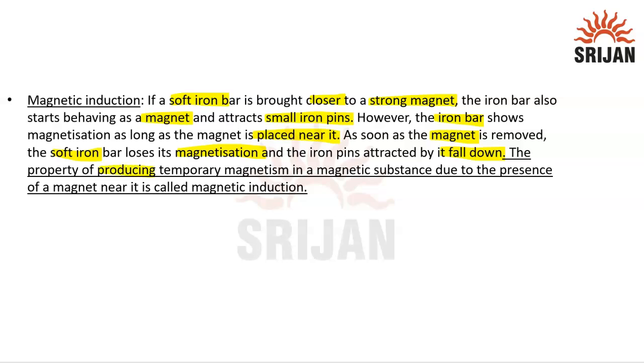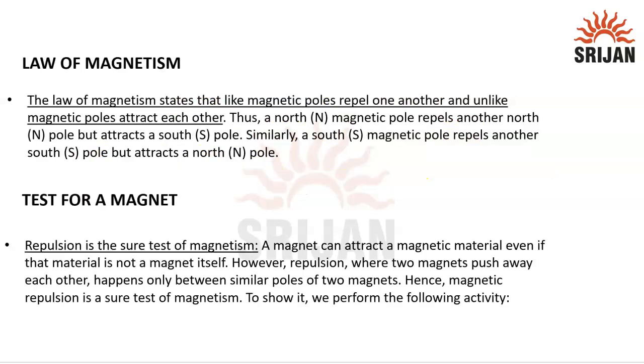This property of producing temporary magnetism in a magnetic substance, in this case soft iron, due to the presence of a magnet near it is called magnetic induction.